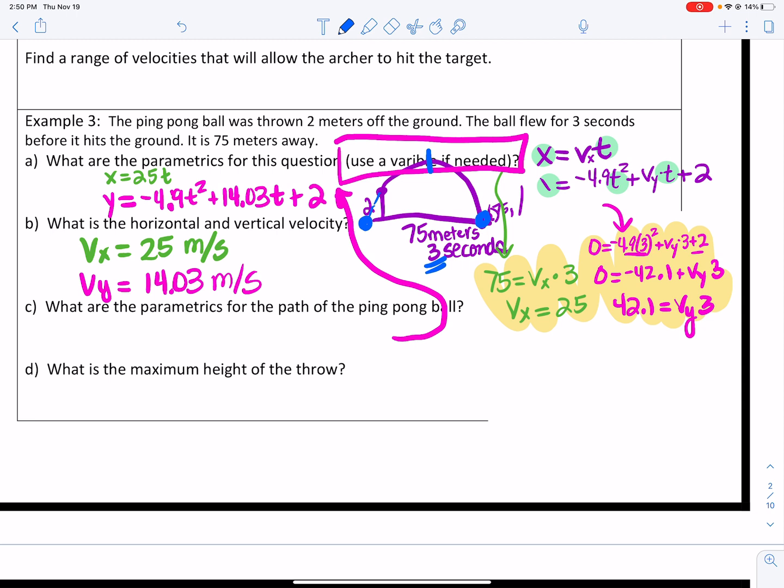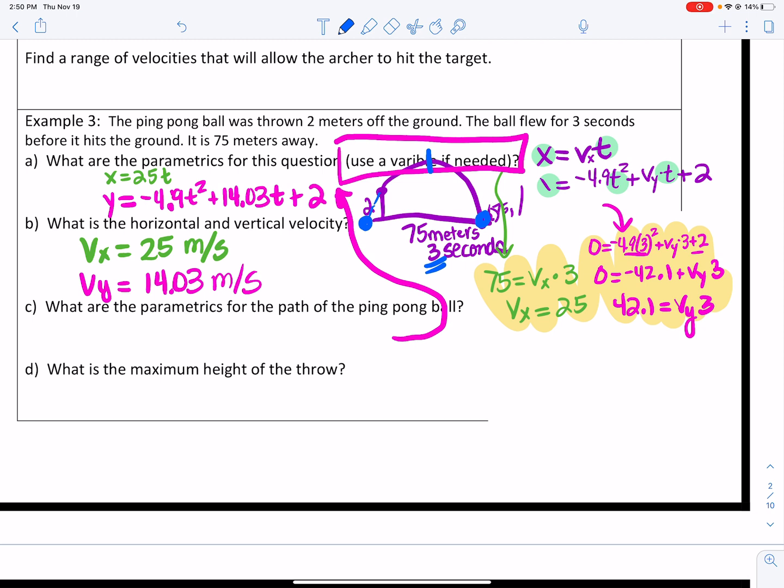I'm going to hit menu, then algebra, then polynomial tools, and then I find my roots, and these are all going to be degree 2 because we're doing parabolas. I'm going to type in my A value, which is negative 4.9, my B value is 14.03, and my starting height is 2. I hit enter, and one of my roots is 2.999, which is the 3 that we've already gotten.